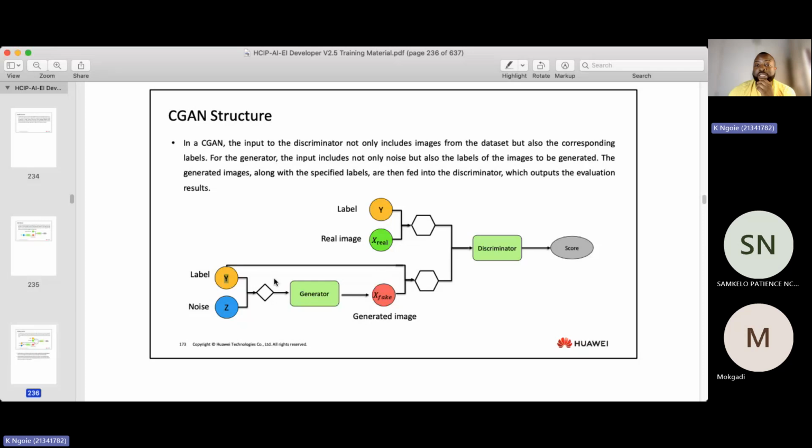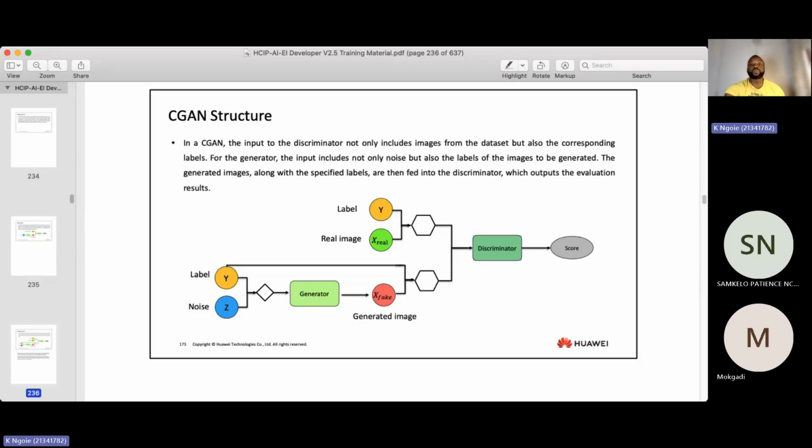So we have the label, condition, plus noise in the generator. The generator gives us the fake. Now we take the fake plus the condition, and the real plus the condition, and introduce them into the discriminator, which gives us the probability. We just added this conditional, so that's why we call it the conditional GAN.